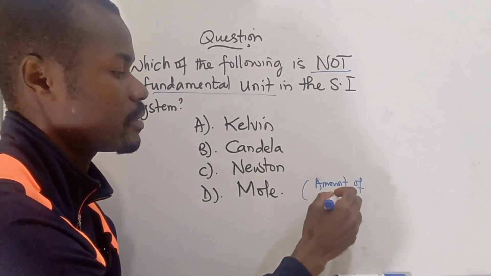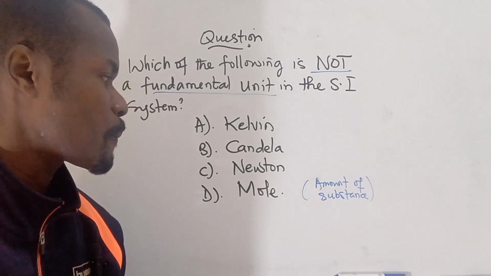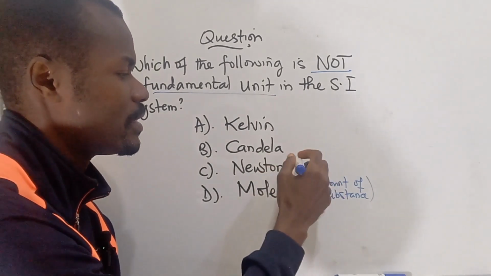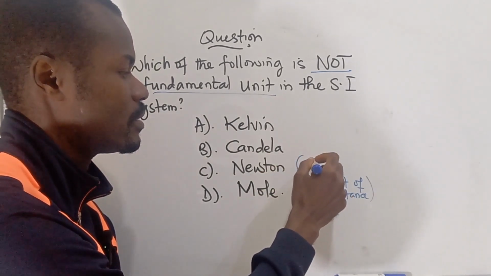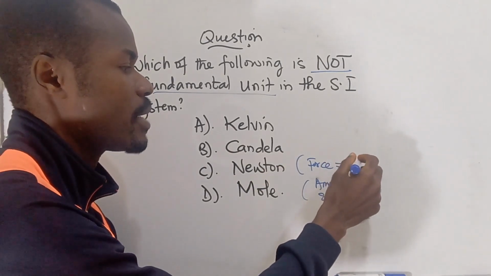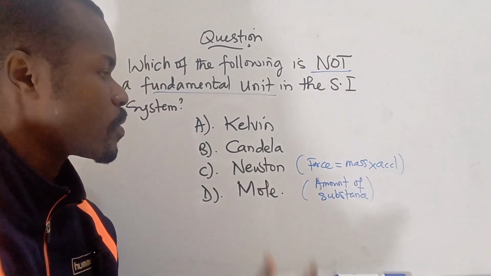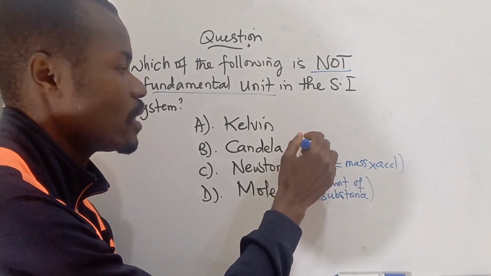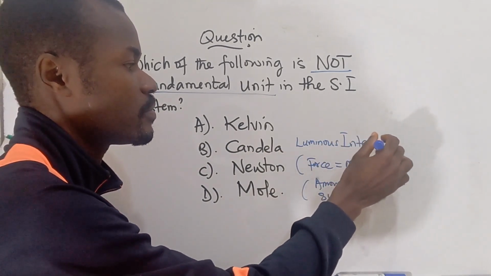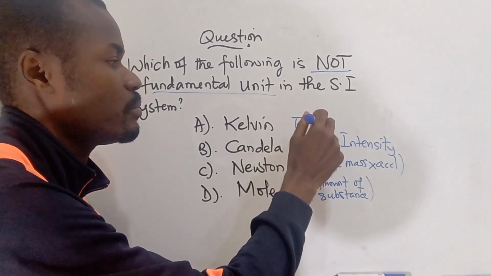Then we have force. Newton is the unit for force, and force is mass times acceleration. Candela is actually for luminous intensity. And Kelvin is for temperature.